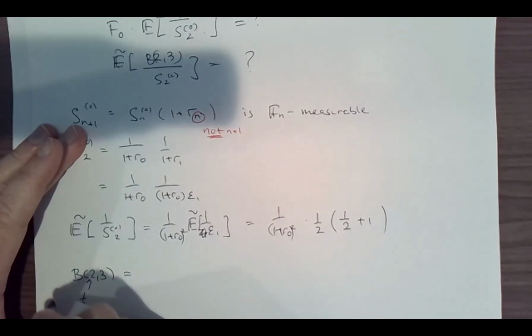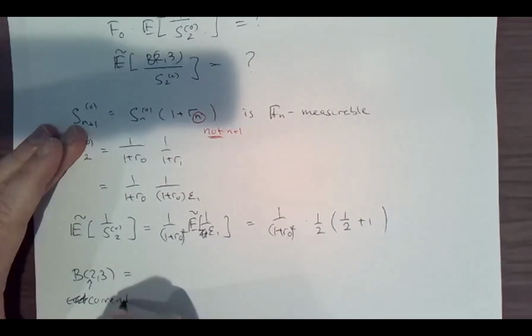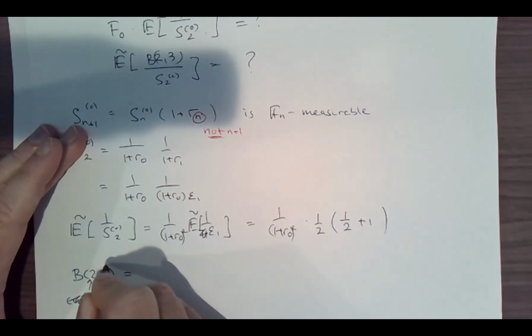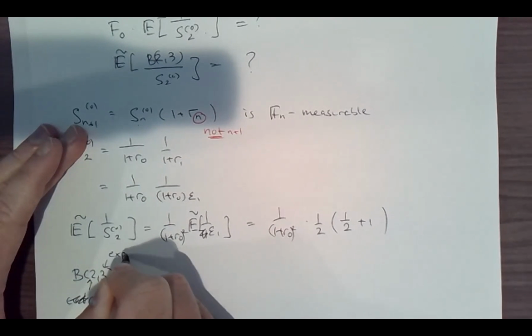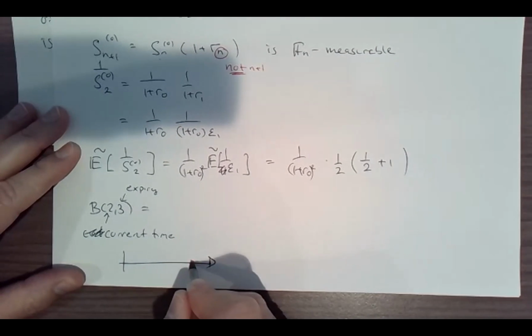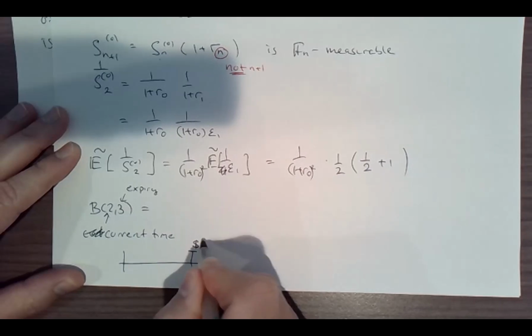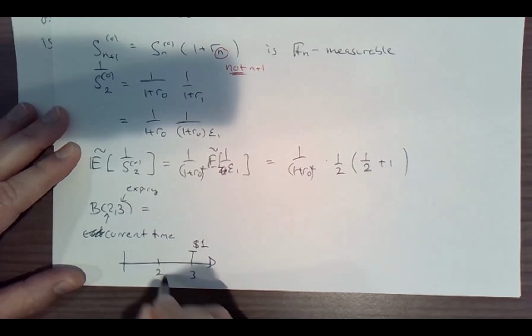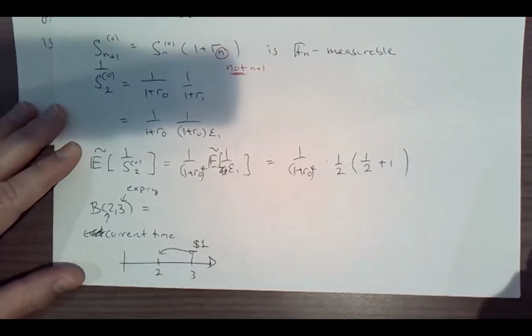This is current time, and this one here is expiry. And so the picture is, you're sitting here at time 3, you're going to get your $1. And you want to know what this $1 is worth over here.